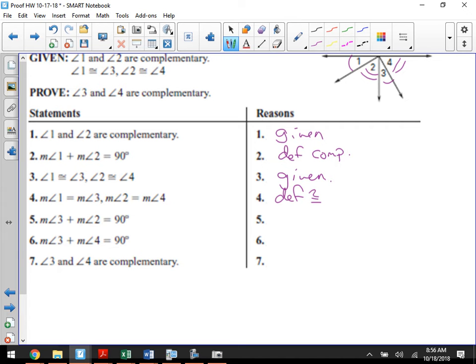So why can you rewrite it as 3 plus 2 equals 90? Does it say 3 and 2 are complementary anywhere in there? Nope, then you can't say that. Substitution. 1 and 3 are the same, which means anywhere I have a 1, I can replace it with a 3. And why did I change the 2 to a 4? Because it's substitution.